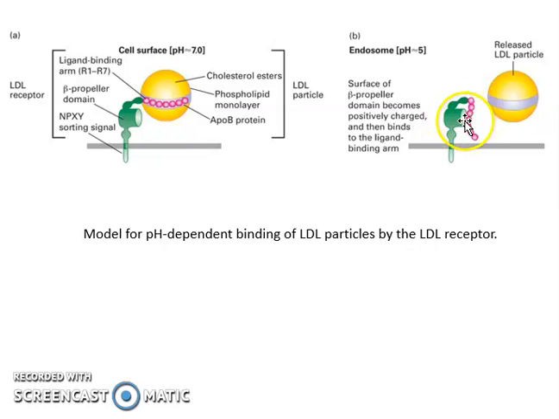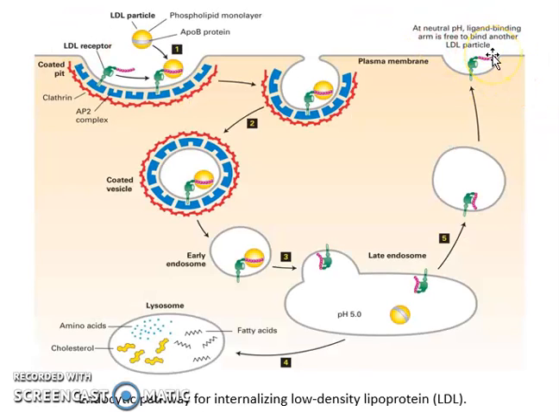So they tightly bind to each other as they are oppositely charged, and due to this the LDL particle is released. After the LDL receptor again goes to the cell surface, at neutral pH now, the LDL receptor again becomes deprotonated, and the ligand binding arm is now free to attach another LDL particle.